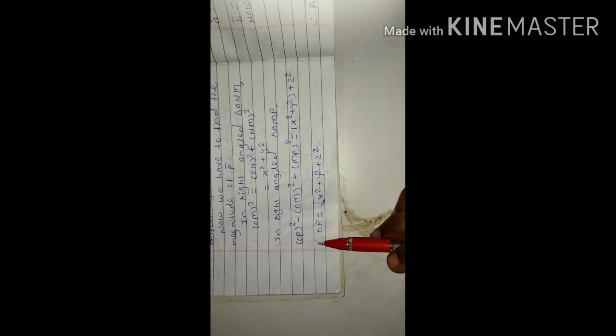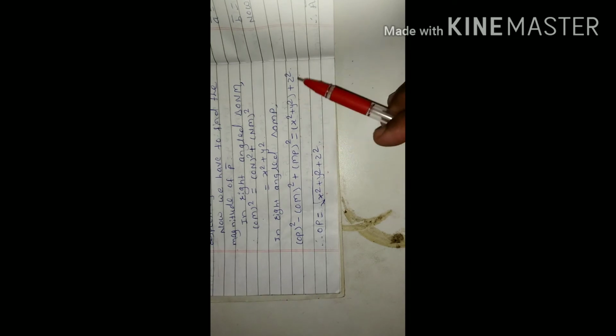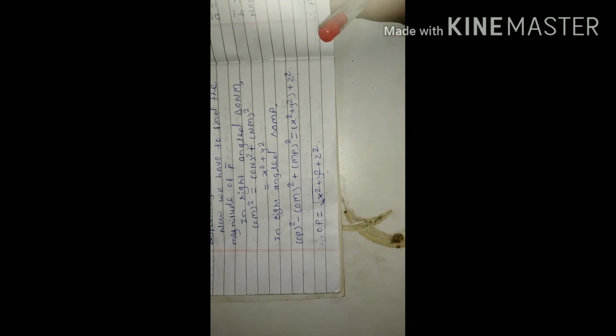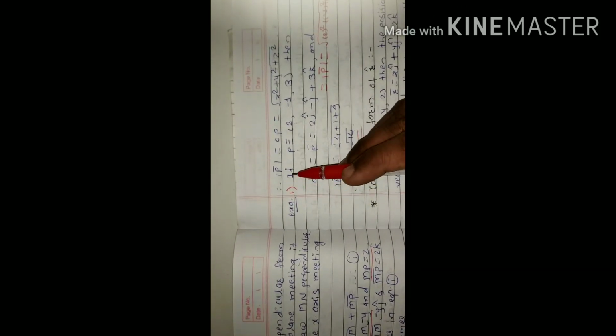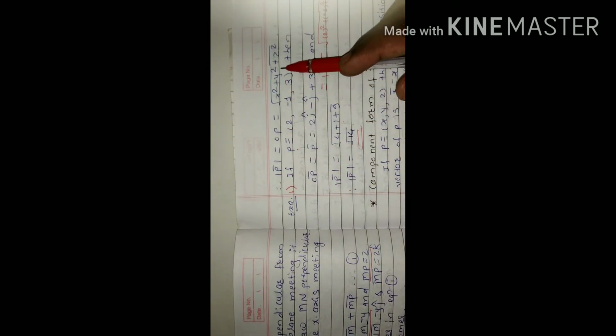Therefore, taking the square root of both sides of the above equation, we get OP is equal to under root of x square plus y square plus z square. That is the distance. Then its magnitude, modulus of P bar, is equal to OP, which is equal to under root x square plus y square plus z square.